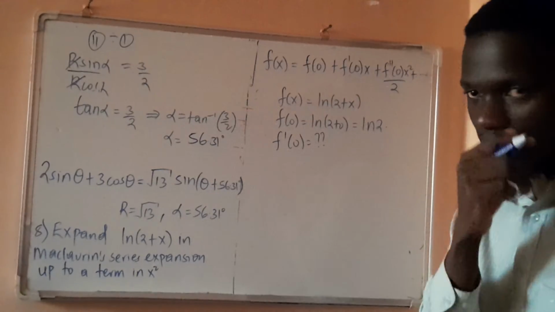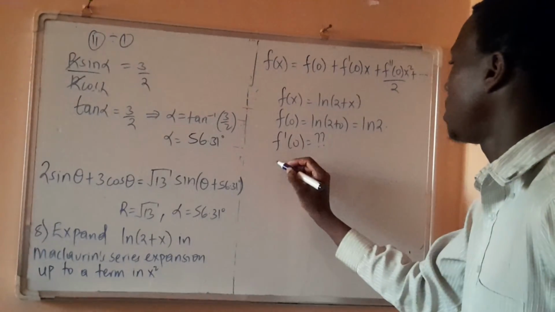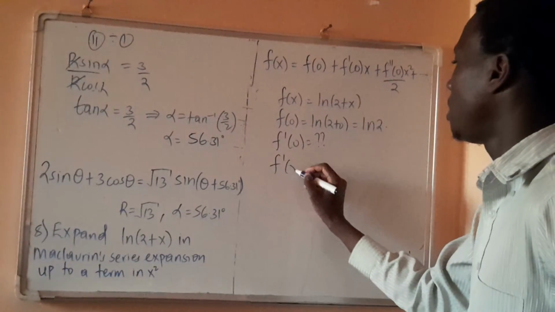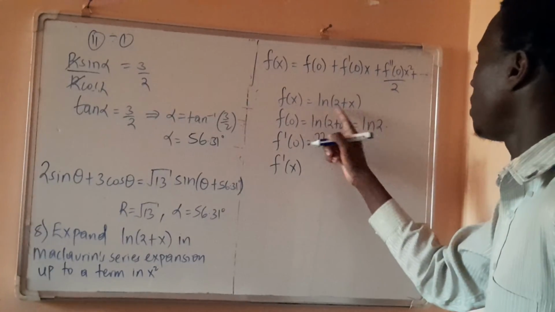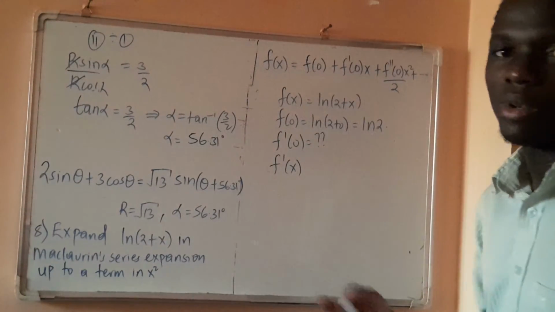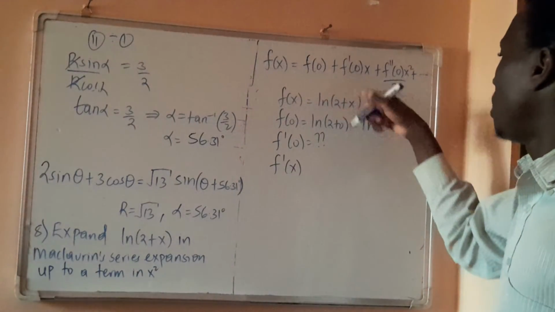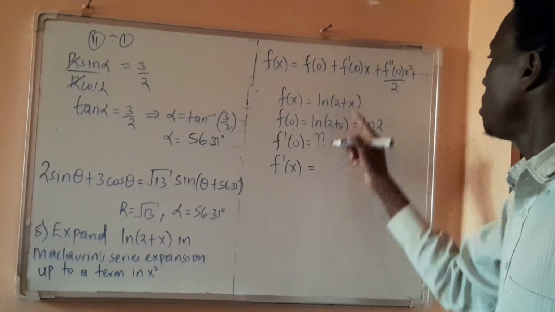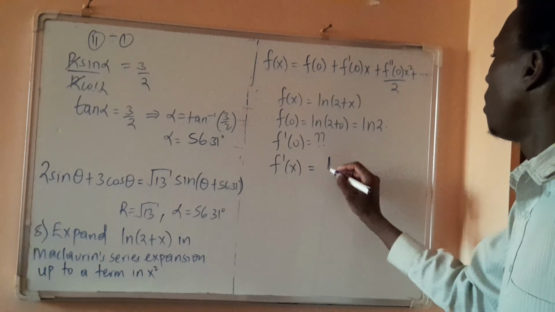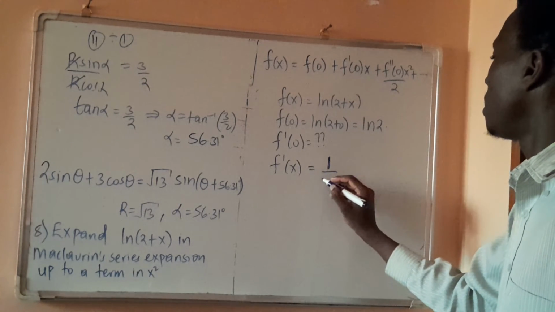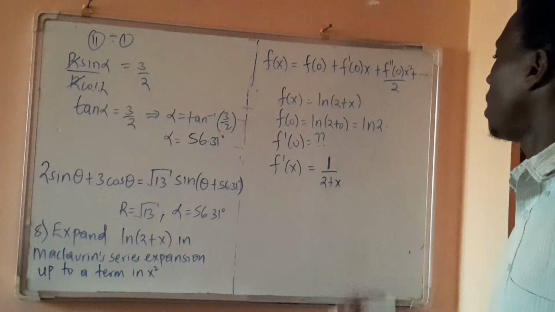We have to first differentiate and obtain the first derivative. How do we differentiate natural logarithm? You differentiate the function in brackets, you get 1, then over the same function.